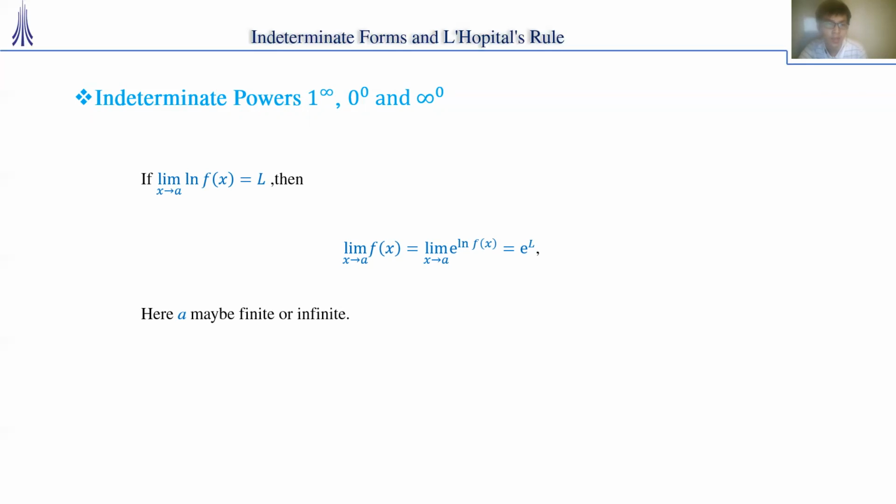If the limit as h approaches a of natural logarithm of f of h equals L, then the limit of f of h as h approaches a equals the limit of e to the power of natural logarithm of f of h, which equals e to the power of L, and a here might be finite or infinite.